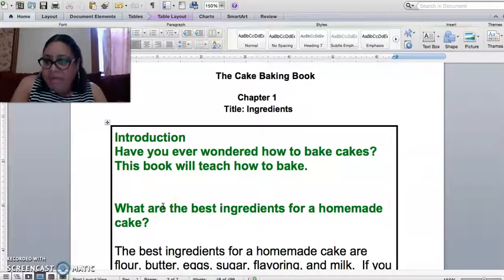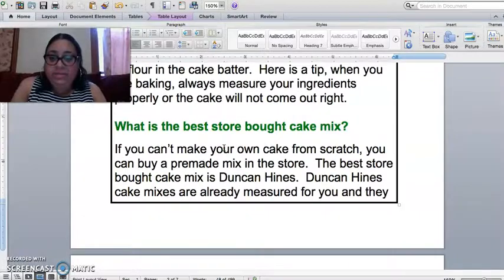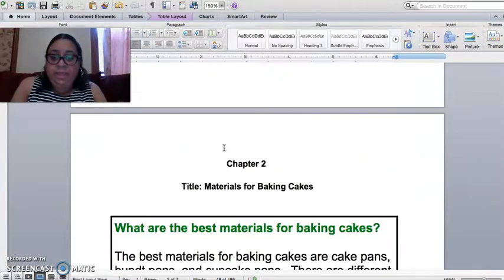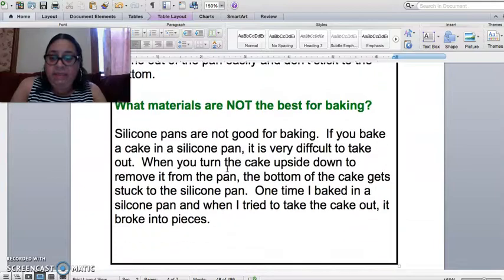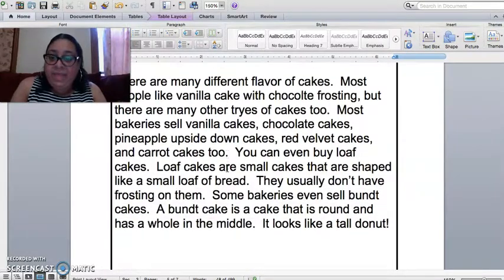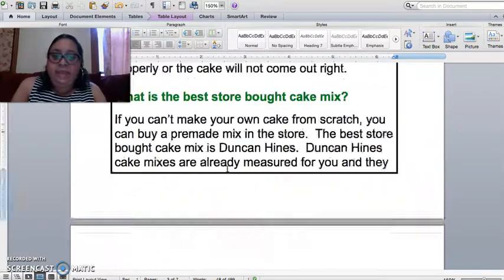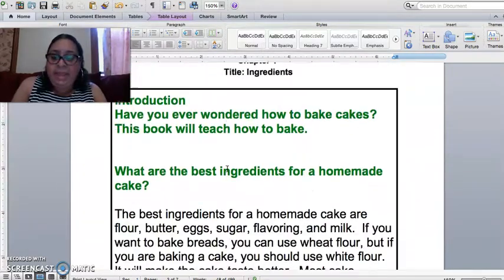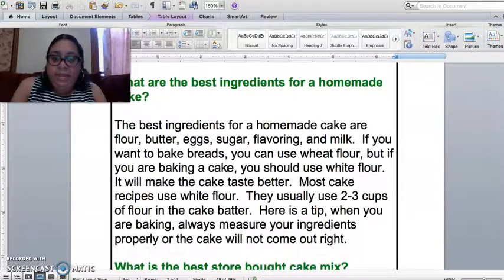Now, let me look at my organization. Do I have chapters and do I have subtopics? Chapter 1, I have two subtopics. Chapter 2, I have my two subtopics. Chapter 3, I have my subtopic. Now, let's see if I did my elaboration. The best ingredients for a homemade cake are flour, butter, eggs, sugar, flavoring, and milk.